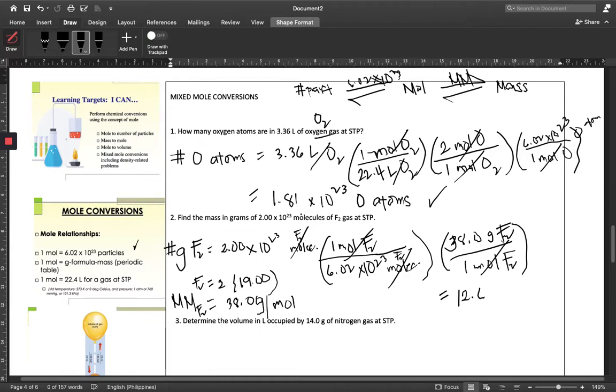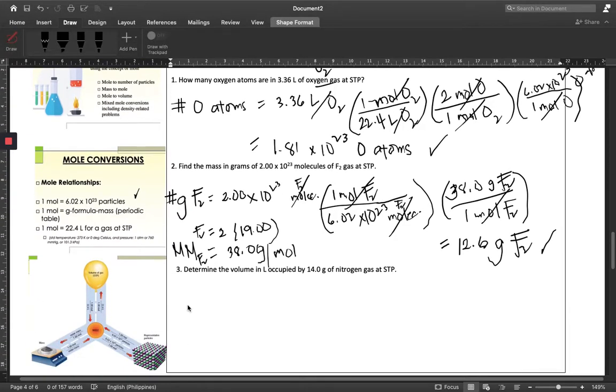And then how many SFs are there? There are only 3, so we are fine with 12.6 grams of fluorine. All right, so this is now our final answer. Now let's proceed with our third example.